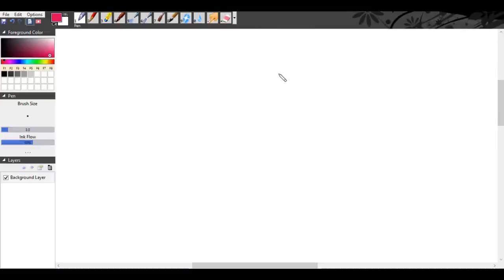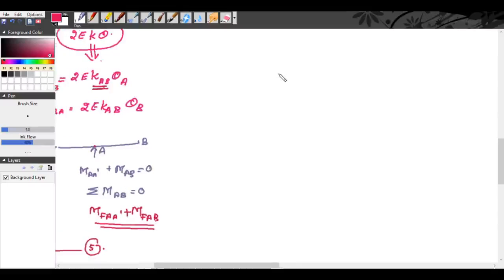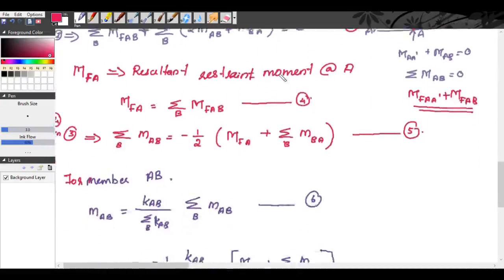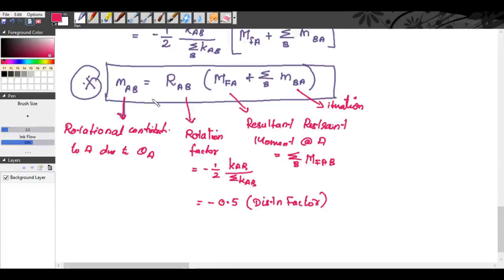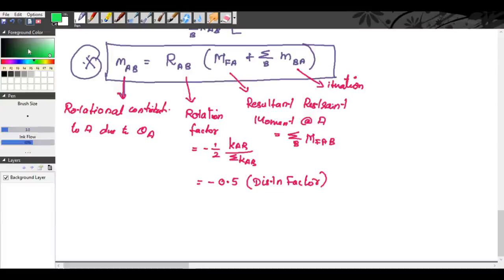See, and one more important thing, I forgot to tell here. So, this is for the case AB. So, how can you write in general? See, general case: Mij is equal to Rij into Mf of i plus sigma j of Mji.